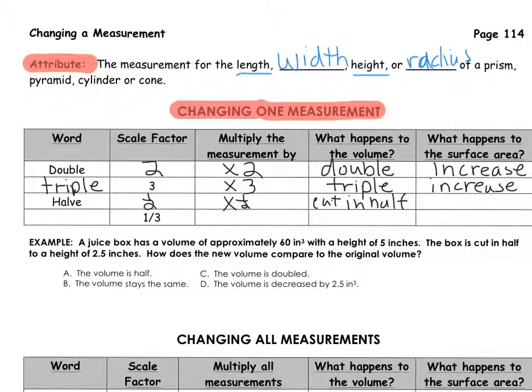So for example, it might go from a total of 100 cubic centimeters down to 50 cubic centimeters. And if you're cutting a measurement in half, then of course the surface area is also going to decrease.